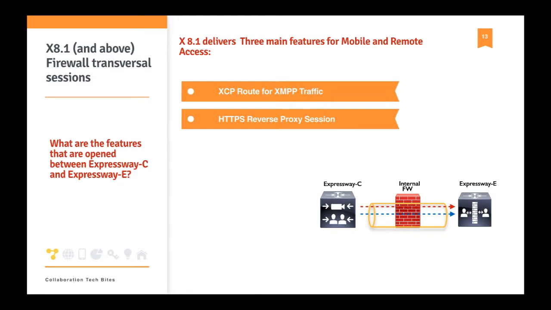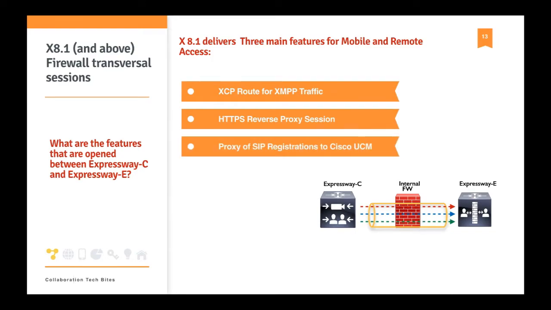We're talking about, for example, SX10 or SX20, or the newer call managers and newer releases of IP phones, which can accept HTTPS download of the configuration file. The third service is proxy of the SEP registrations. It accepts SEP registrations, and Expressway C will proxy this registration to the CUCM.